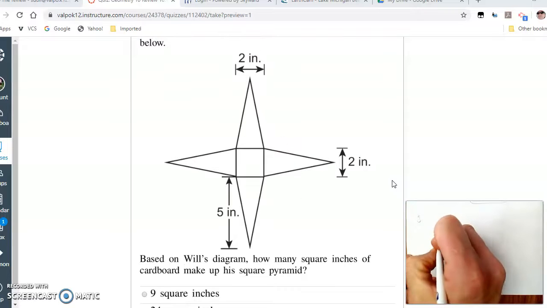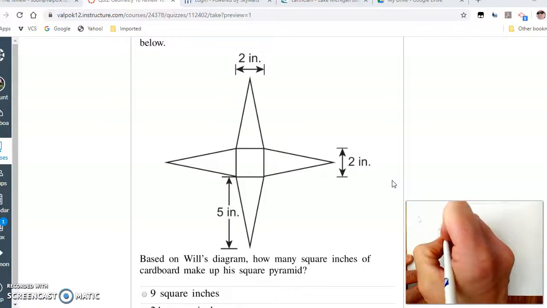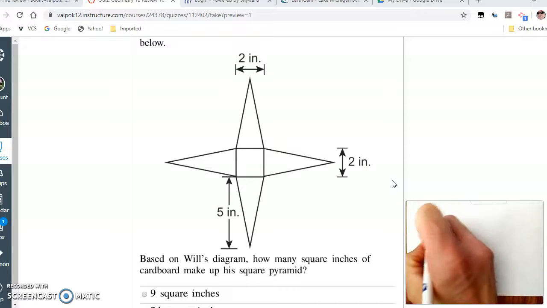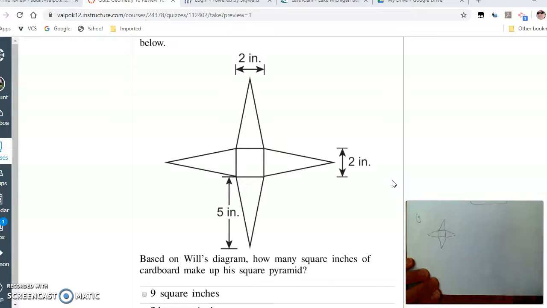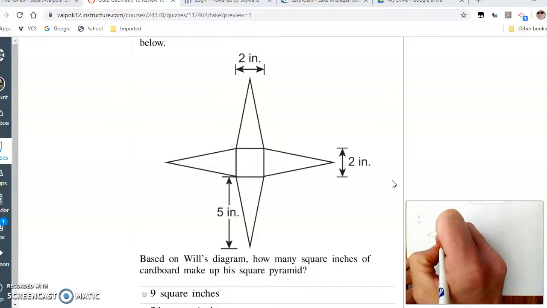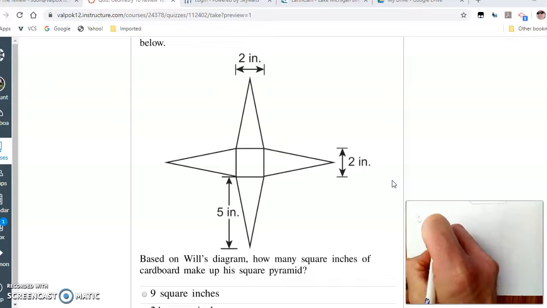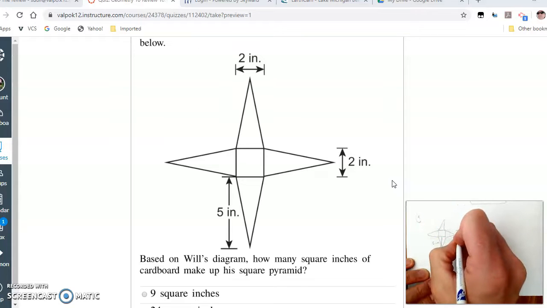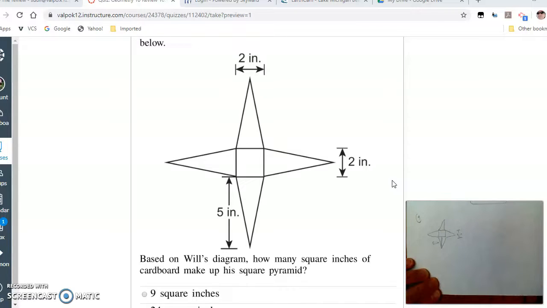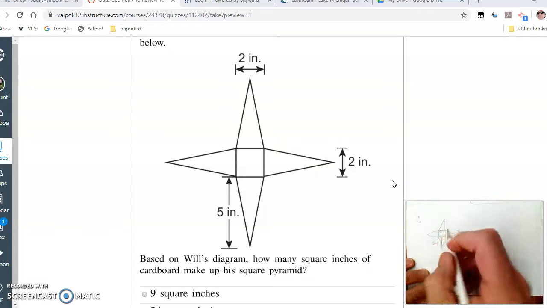So if we've got this square and then these 4 triangles, right? We know that the slant height of the triangle is 5 inches and 2 inches for the base, which is the length of the square, right?